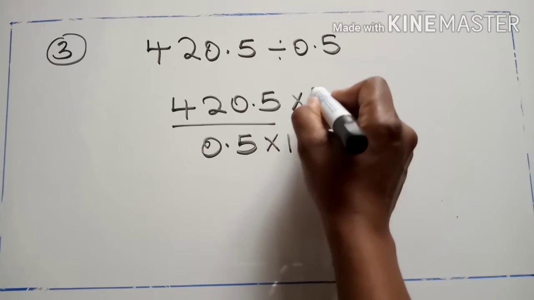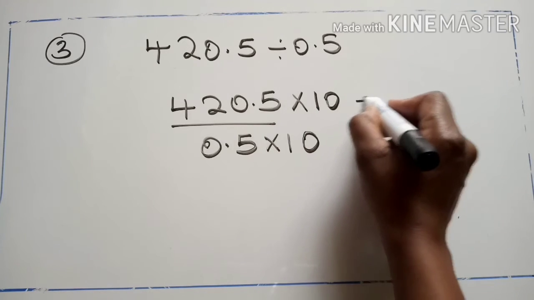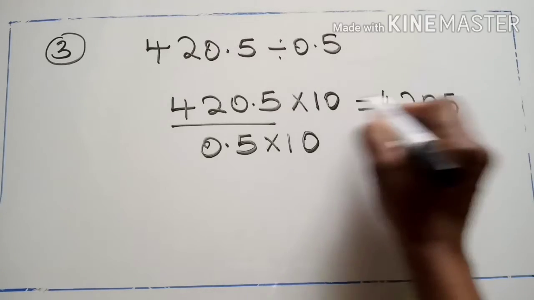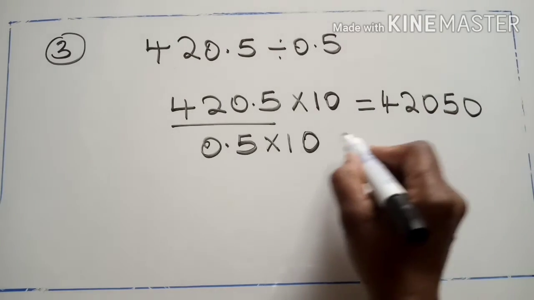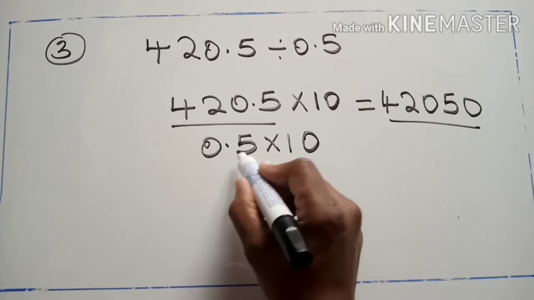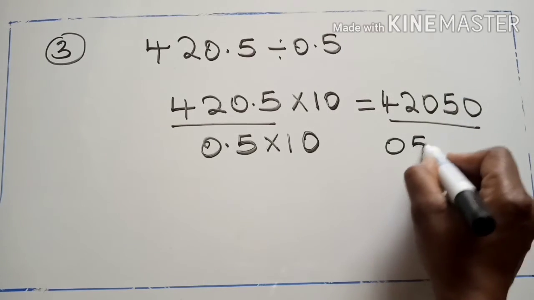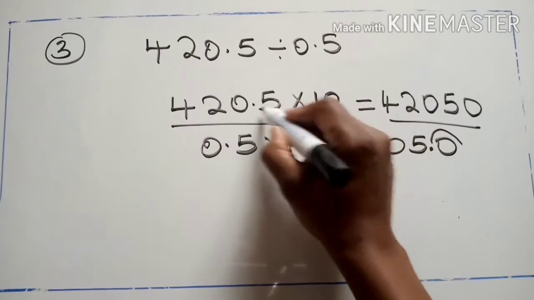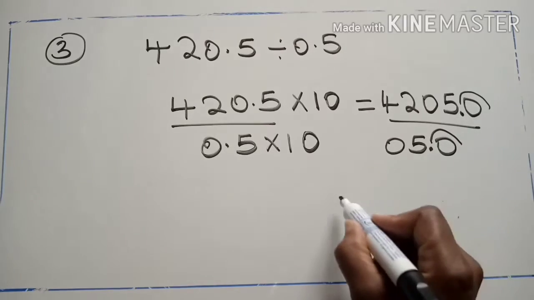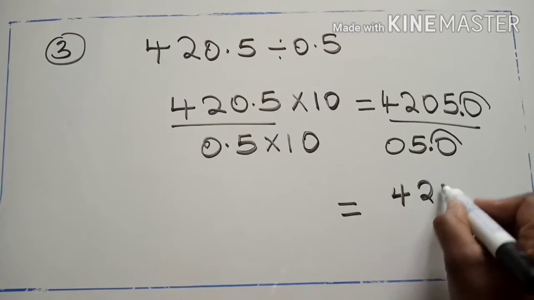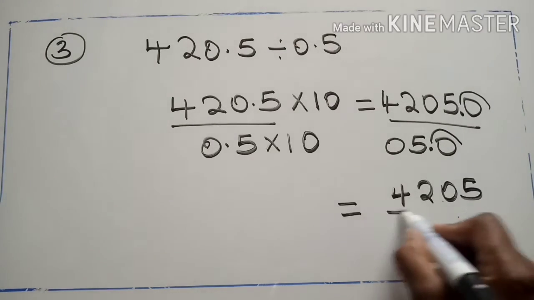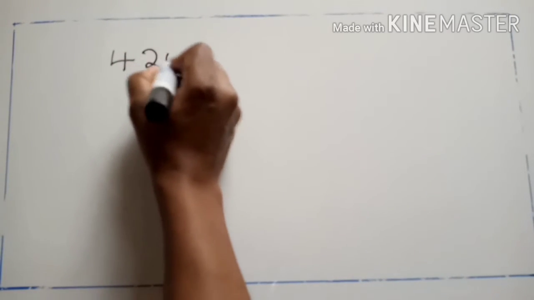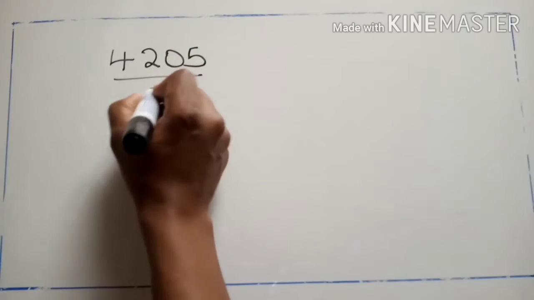So the numerator will also be multiplied by 10. So that we have 4, 2, 0, 5 and the 0, and then over 0, 5 and the 0. Place your decimal point, 1 decimal point here, and here we had 1 decimal point. So that means you have 4205 all over 5. 4205 divided by 5.